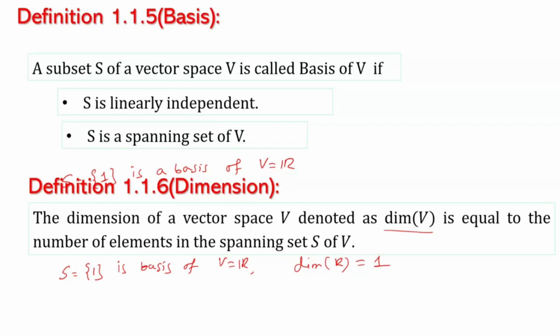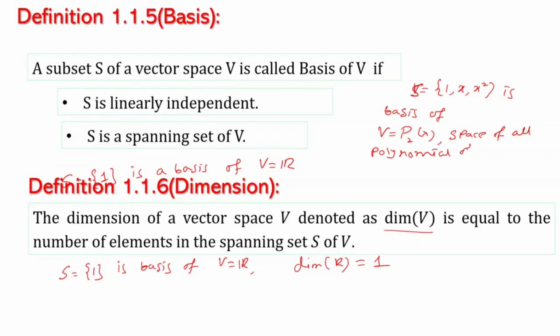We can have many other examples. For example, S equal {1, x, x square} is a basis of V equal P2(x), that is the space of all polynomials of degree less than or equal to 2.